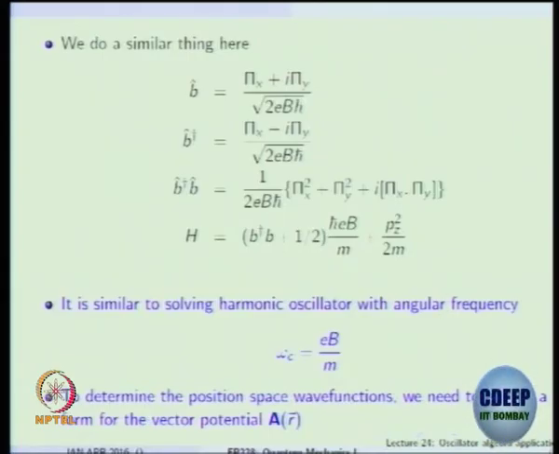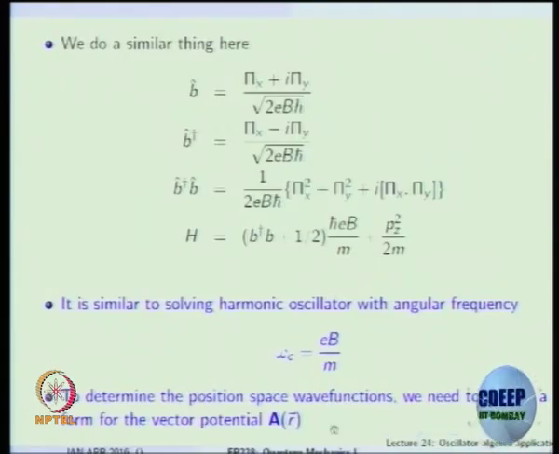The thing which we did, if you recall, we worked out the position space wave function. We took an ansatz trial function for it, but if you want to work it out, you have to make a gauge choice.